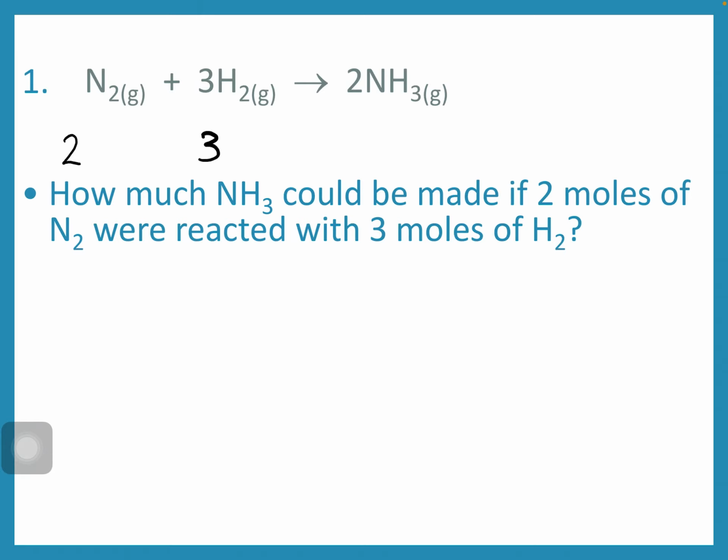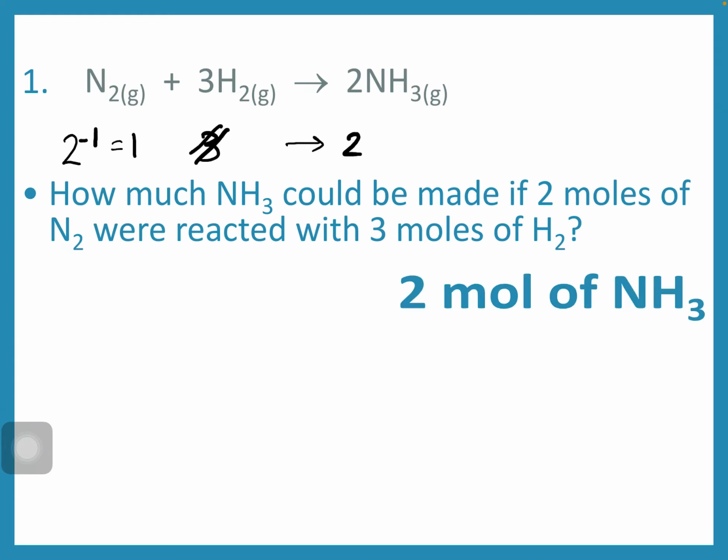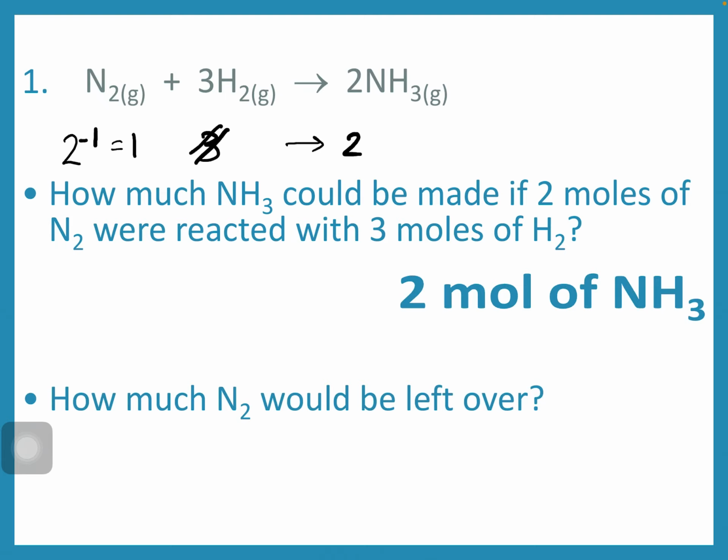For every 3 moles of hydrogen, I'm going to use up 1 mole of nitrogen. So then I have 1 mole left over there for the 3 moles that got used up. And every 3 moles is going to make 2 moles of ammonia. So 2 moles of ammonia will be made. 1 mole of nitrogen was used up. So how many are left over? There's 1 mole of nitrogen left over.